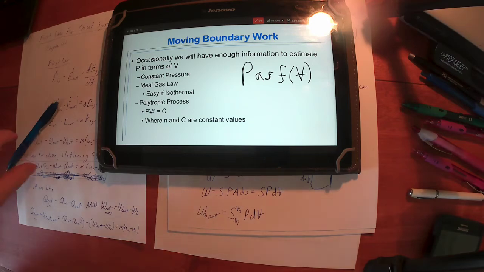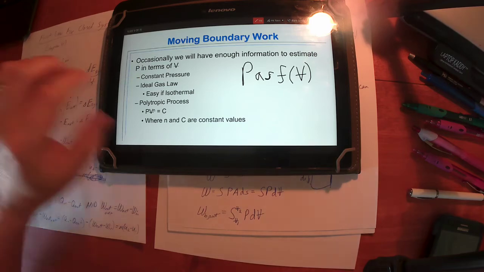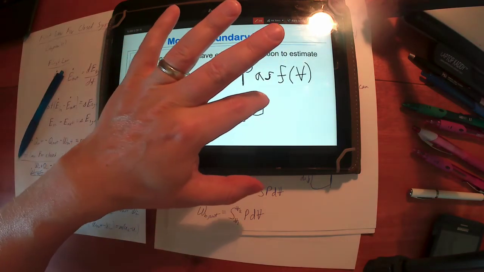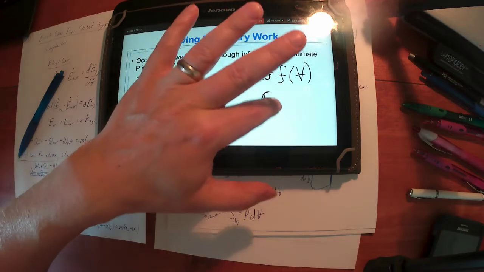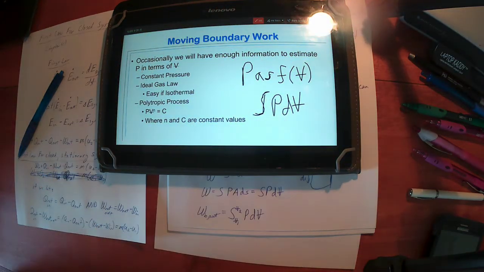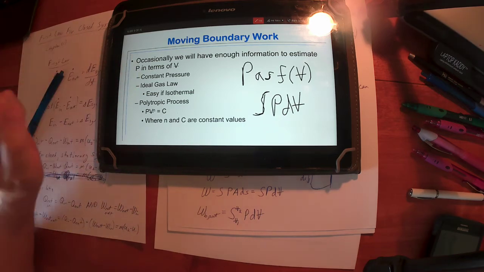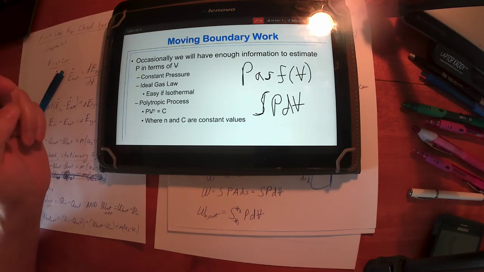Well, there are a few ways it can occur. The simplest one is it could be constant. I could have constant pressure. If I'm integrating pressure with respect to volume and the pressure is constant, then that's easy to integrate. Then it's just pressure times delta V. If it's an ideal gas and it's isothermal, then that's also pretty simple.